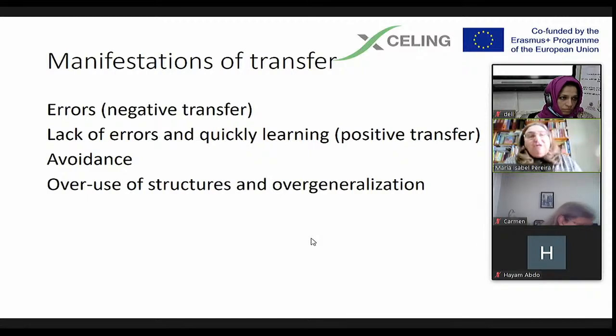And well, those are the main manifestations of transfer. And I will stop here.